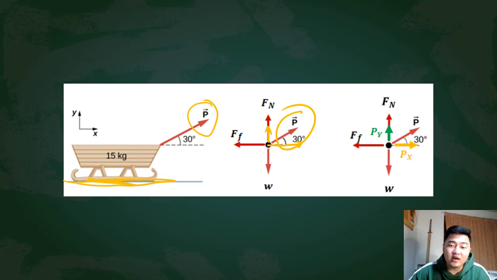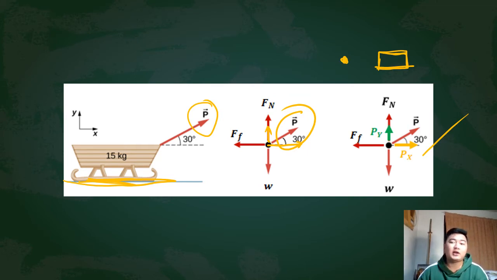So this will be your free body diagram. And again, you can represent the sled using a box, a circle, or any shape that will be easier for us, or a point if we treat it as a particle.